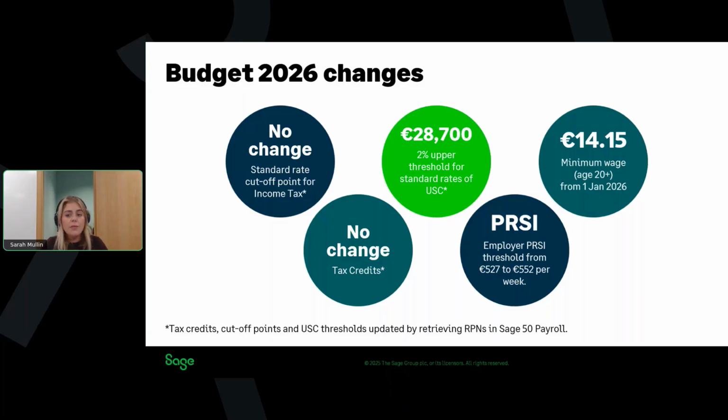And then national minimum wage has gone up this year as well. So from 1st of January 2026, that will increase to €14.15. So yeah, not a whole load of changes here. Definitely a couple to look out for, especially minimum wage. If you do have any minimum wage employees on your payroll, definitely a good time to review that.